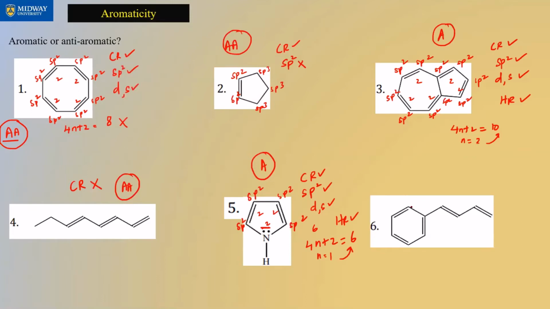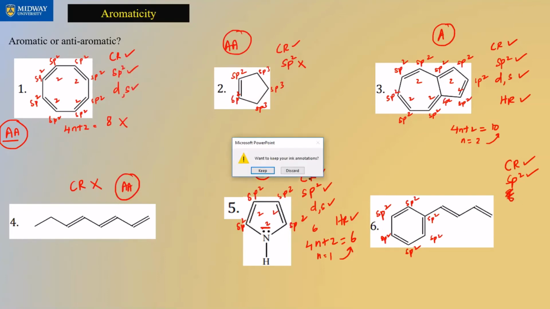Again, same thing. Does the molecule contain at least one cyclic ring structure? You bet it does. Now, we're only worried about the sp2 for the ring structure, not for everything else. So if I just go around for the sp2, we're not too worried about these. We can, but we're only interested in the aromatic property of the ring. So sp2 is met. We have 6 total electrons. Oh, sorry, I have skipped one step.